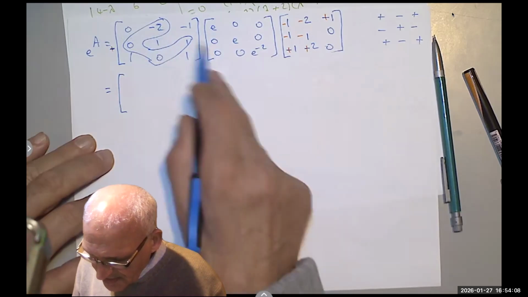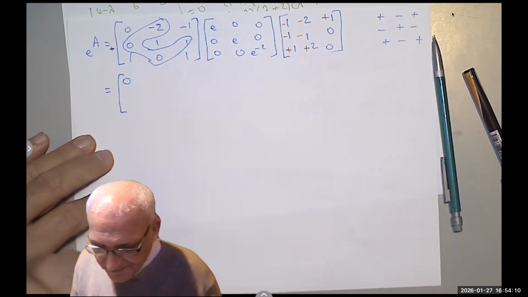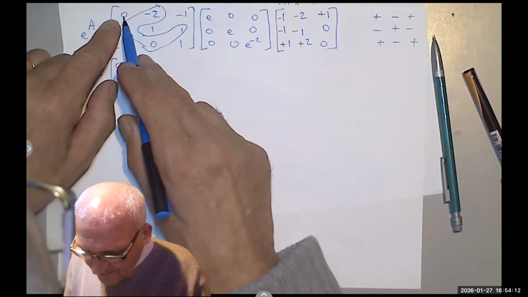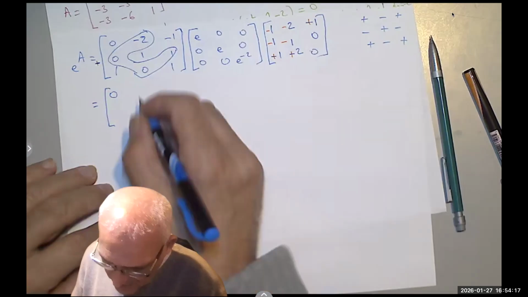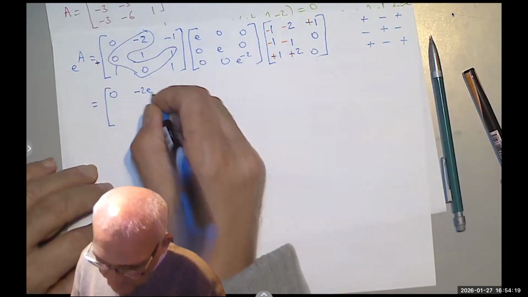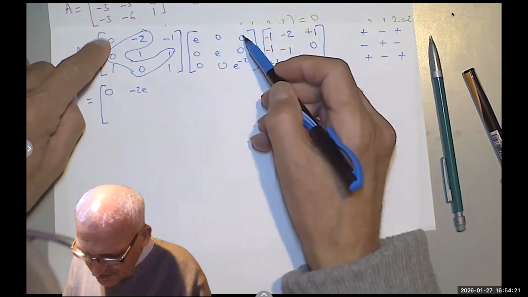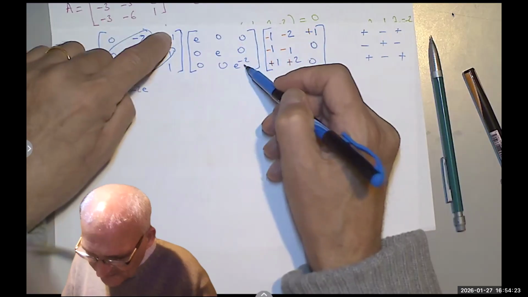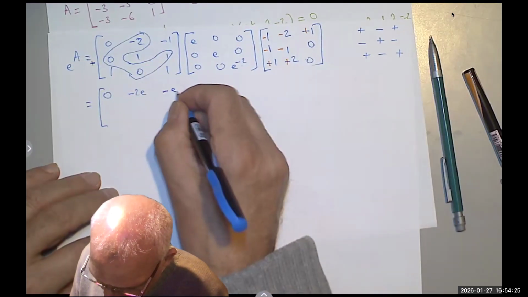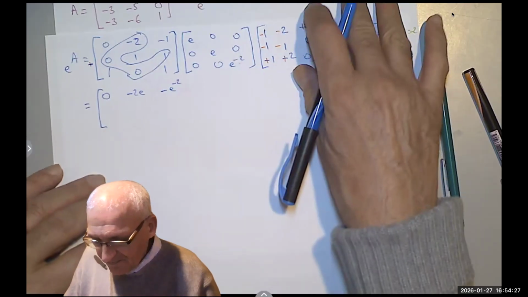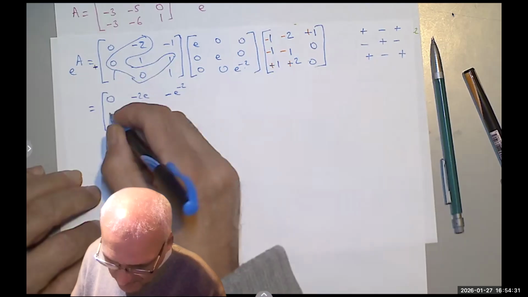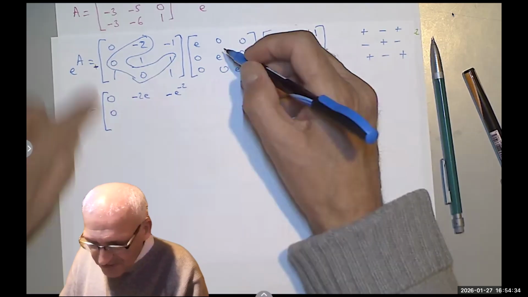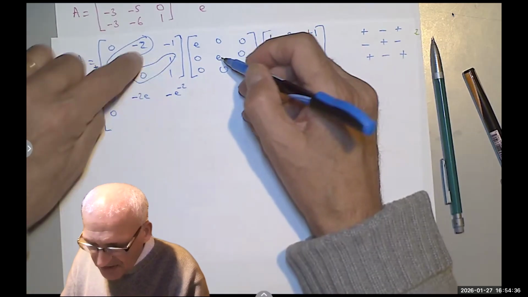0 plus 0 plus 0, that's 0. Then I multiply the first by the second. You get 0 minus 2e plus 0, so -2e. Then you multiply 0, 0, -e to the -2, -e to the -2. The second row, 0, 0, 0. Second row, second column, 0e, 0.